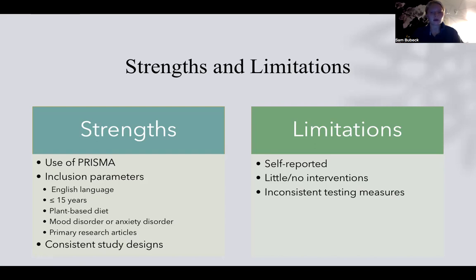Everything was self-reported. No intervention was applied. And in addition, there were inconsistent testing measures. There is no way to test mood necessarily through the blood or a means that can really be calculated quantitatively. It's more of a qualitative measure, and so that was a limitation that I dealt with. Was that there were inconsistent testing measures.